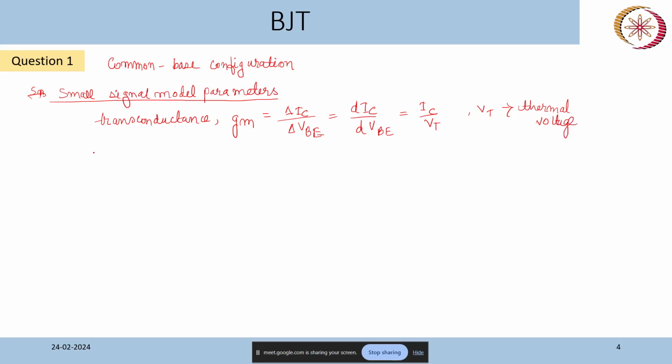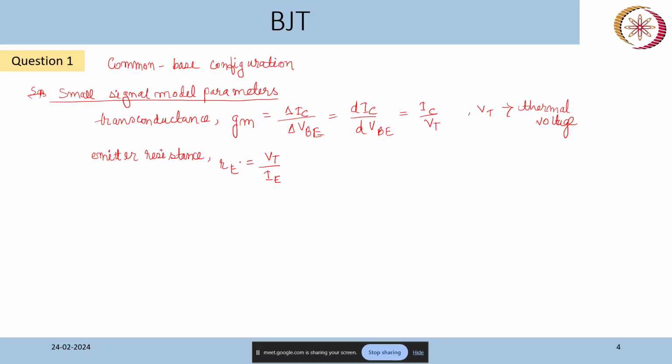Another parameter, that is emitter resistance, which is denoted by a symbol small re, and it is Vt by IE.